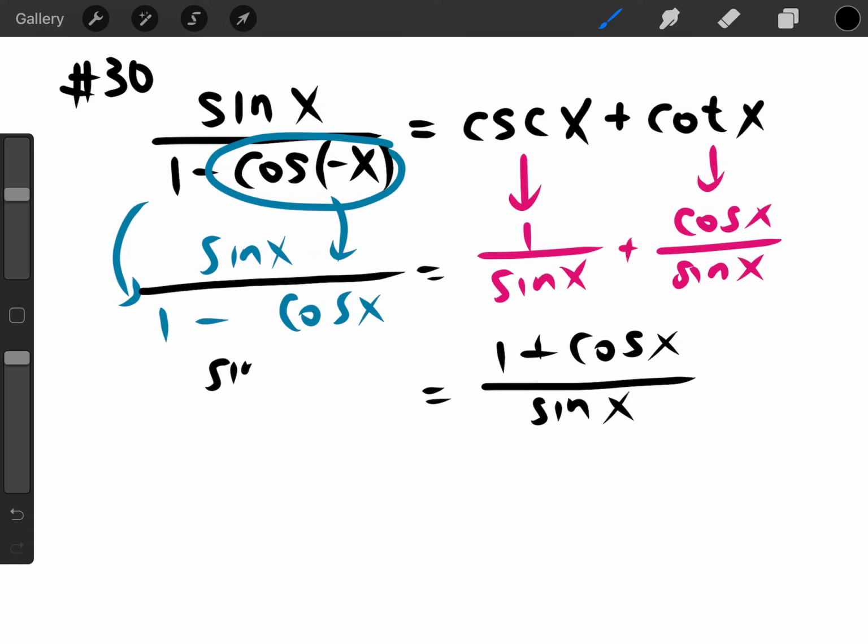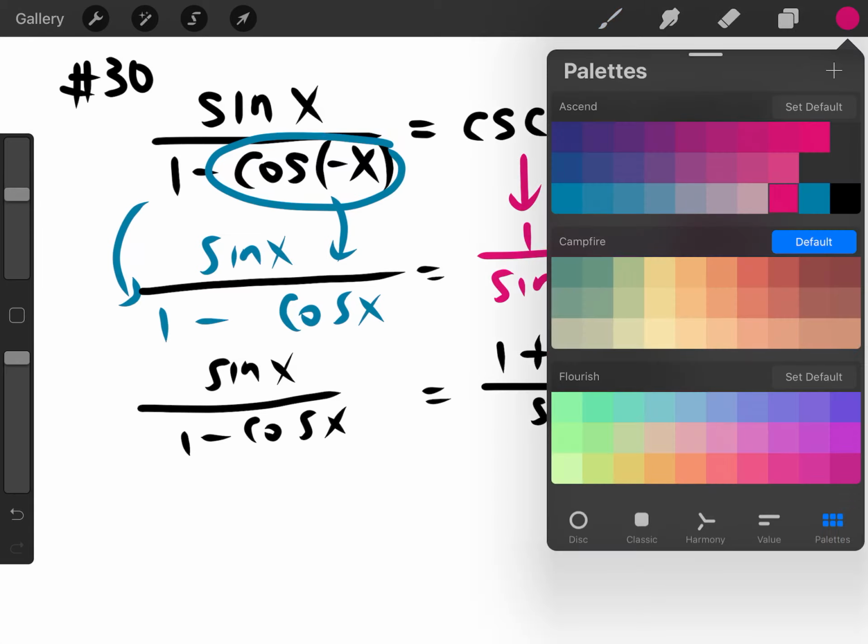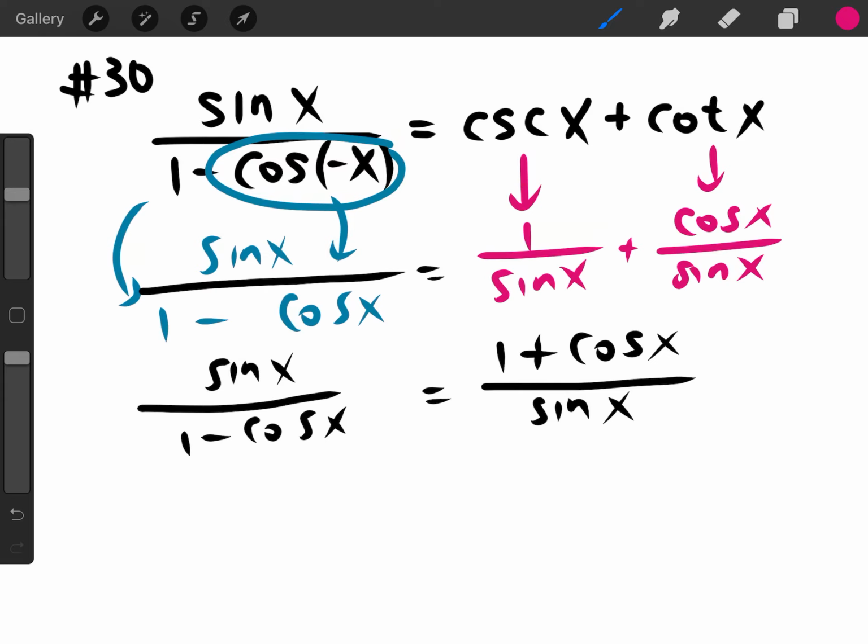Okay, so let's add them up. 1 plus cosine x over sine x. On the left hand side is going to be sine x over 1 minus cosine x. It looks like, how can these be even close to equal to each other?